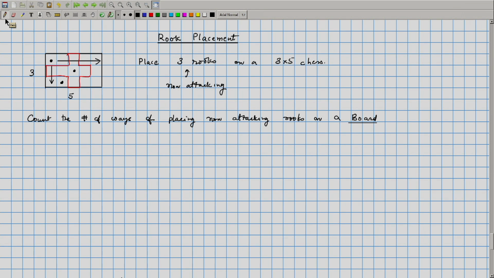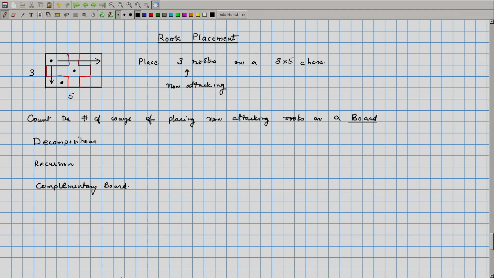Now, how do we count this? We will learn 3 methods. One is based on decompositions, another is based on recursion, and the third method will be based on complementing.